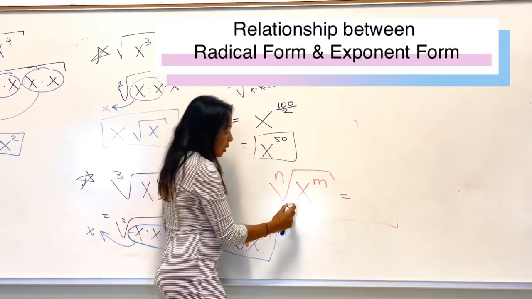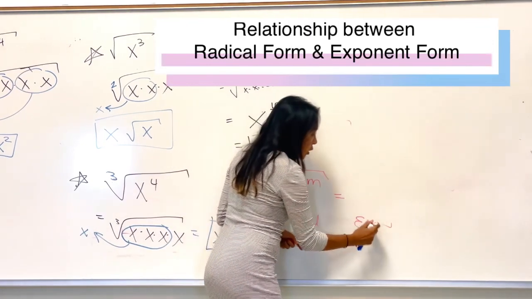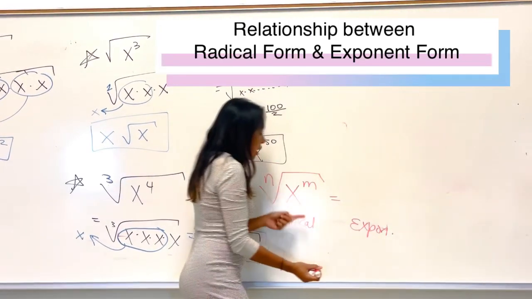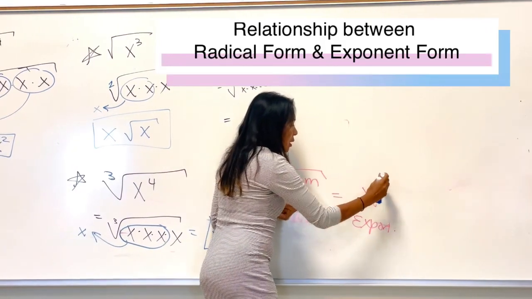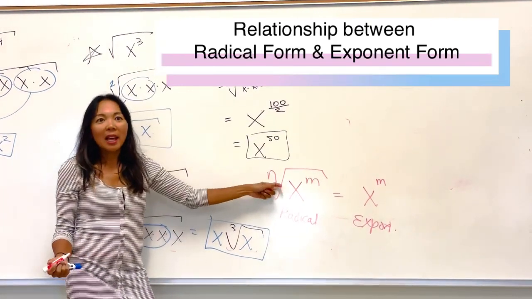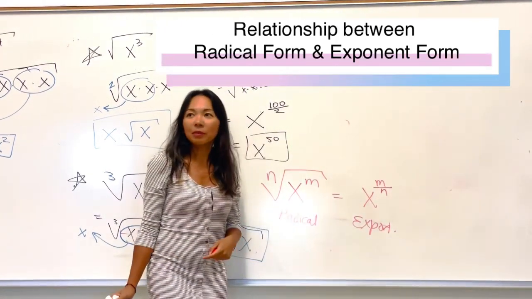So this is radical form. You can write it to its sister form, exponential form, simply by keeping it x to the m, but the index n, you write it as a little fraction on the bottom.